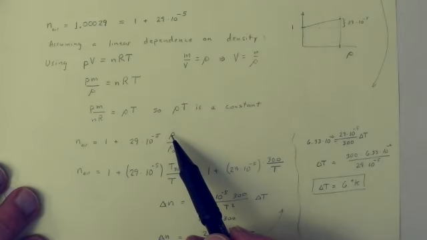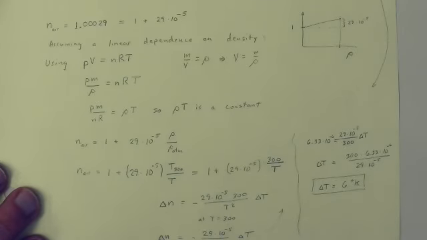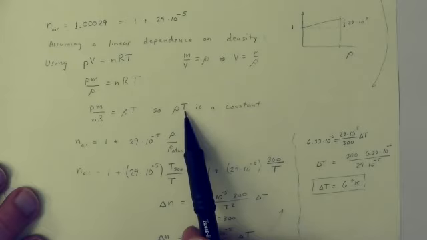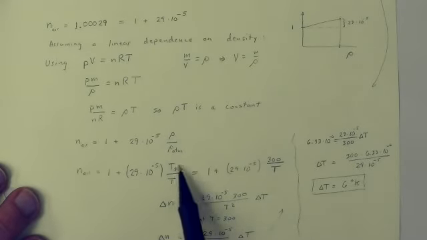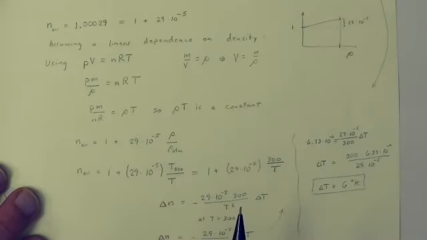Now that's doing it as a function of density, but we can change that to be a function of temperature instead. You have to flip it over because rho times T is a constant, so when rho goes up, T has to go down. So now I've got the standard temperature on top, and the particular temperature we're at is on the denominator instead. And I just put in 300 Kelvin for that.